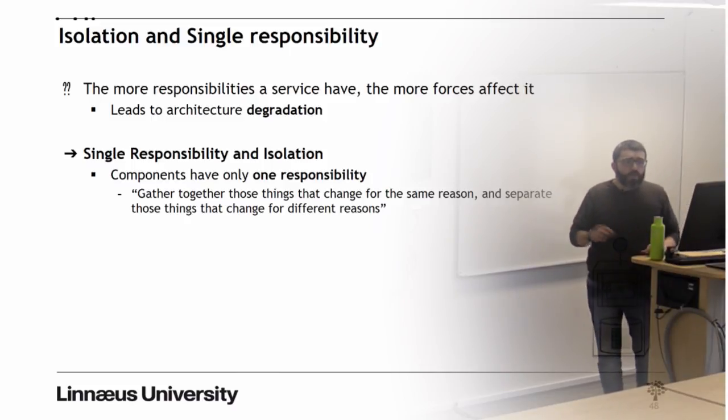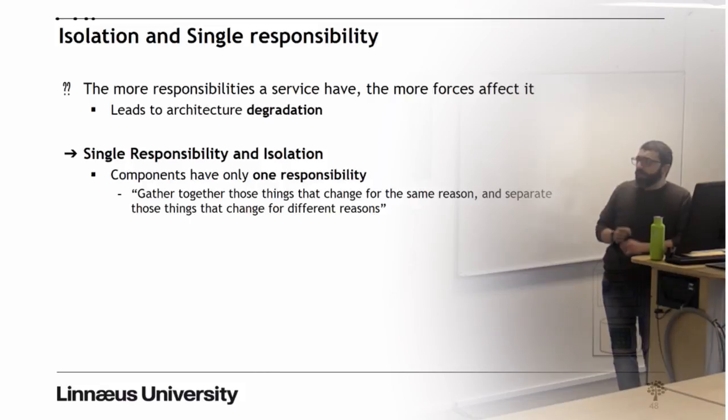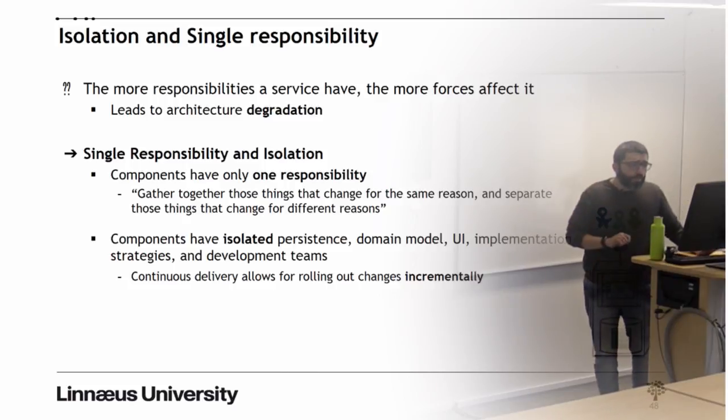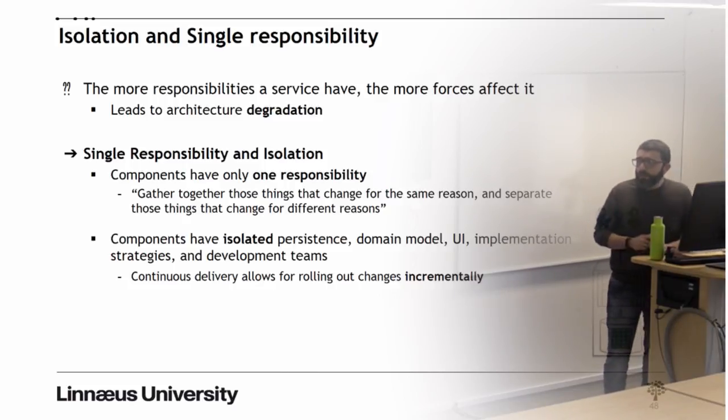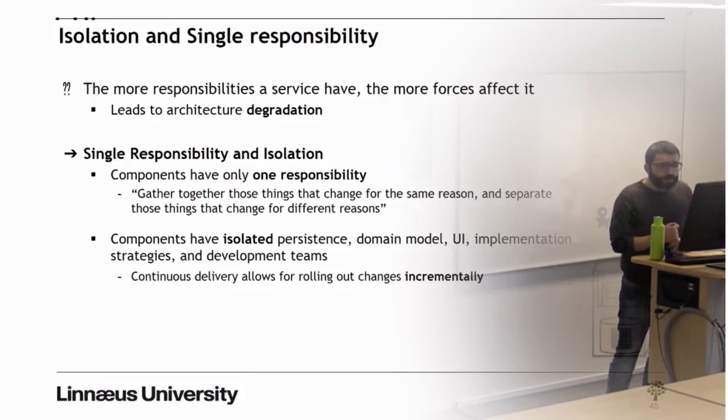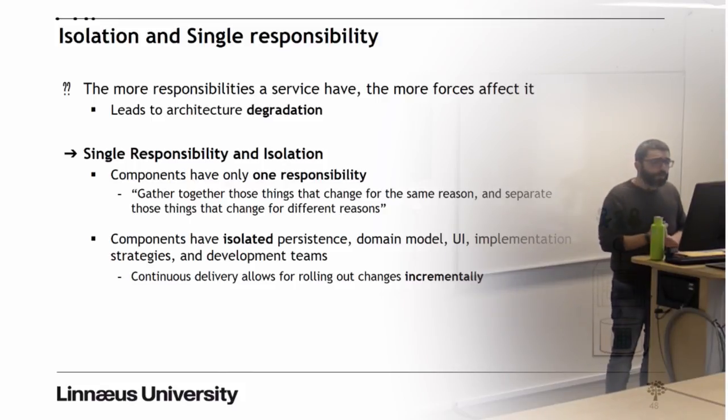So components or services in this case must have only one responsibility. These components must be isolated, and isolated means they must have isolated persistence. Every single microservice should have its own database.